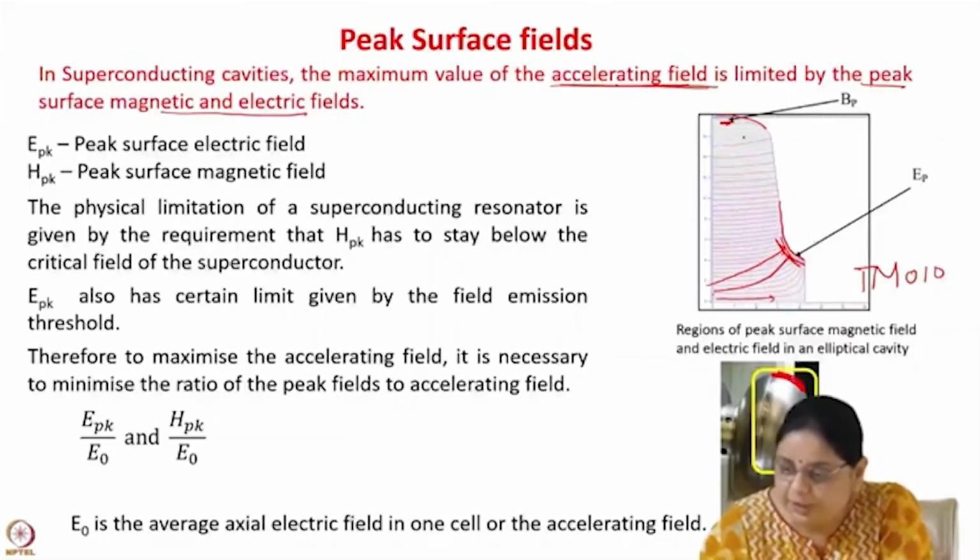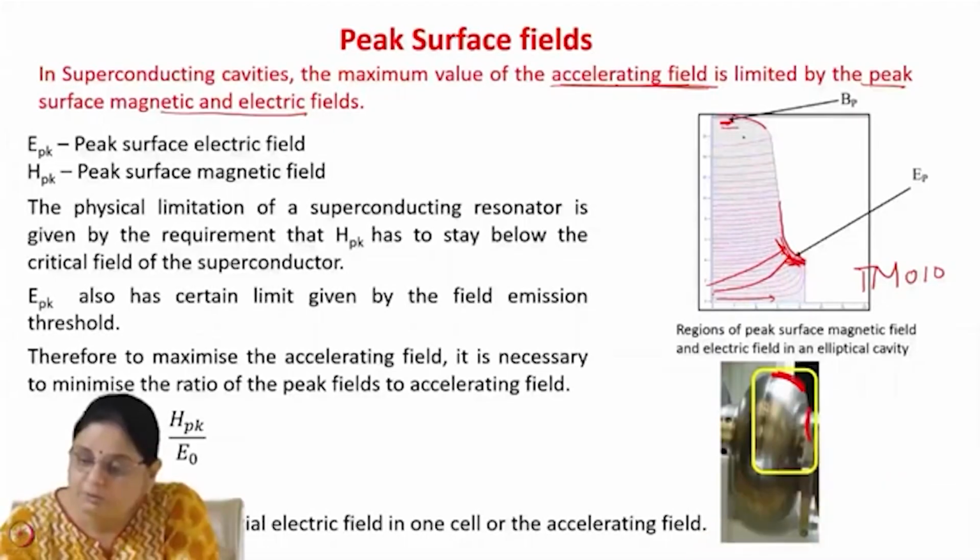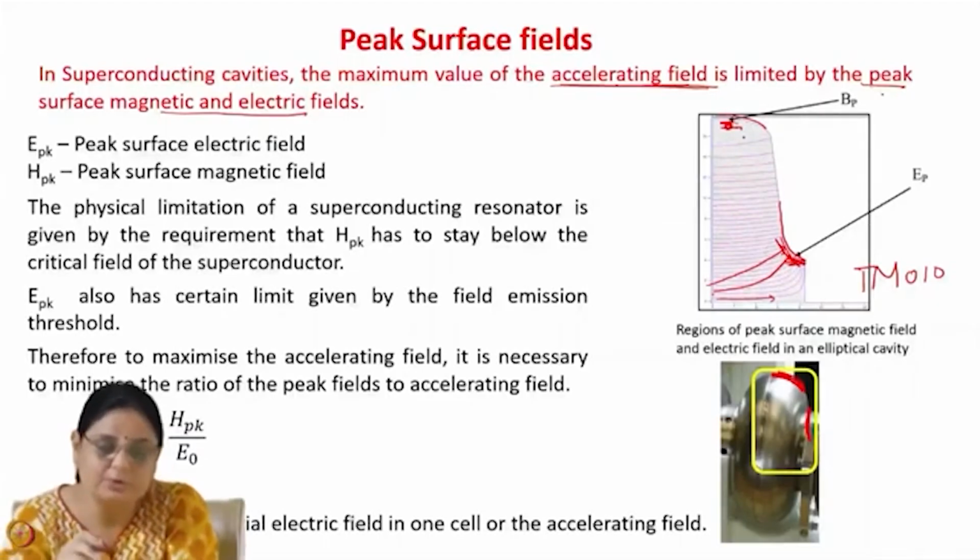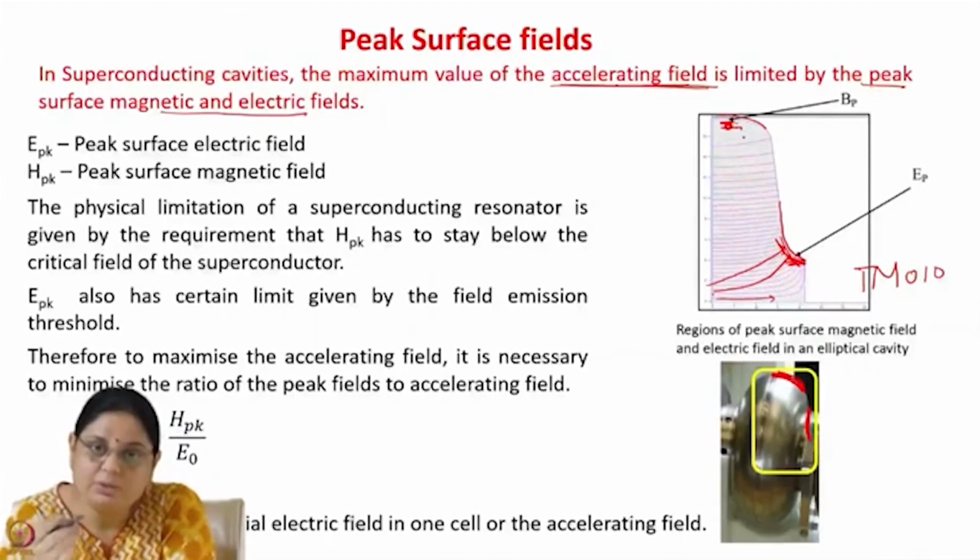Now, if the peak value of the surface electric field is very high, it can lead to field emission, which will destroy superconductivity. Also, if the peak value of the surface magnetic field is very high, it will quench the cavity. So we need to minimize the peak surface values of the electric and magnetic fields below a certain defined limit.